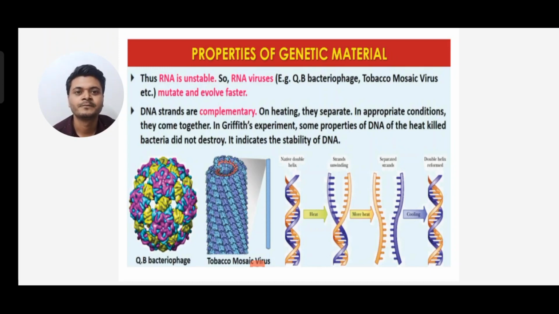On the left you could see the bacteriophage figure, and on the right the tobacco mosaic virus. DNA was given heat and it unwound, the strands separated, and the double helix reformed.